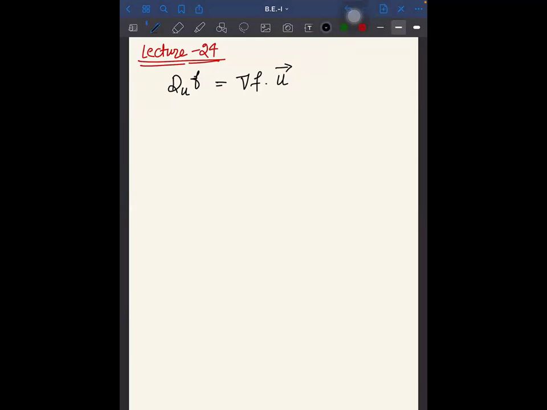Let's say we have Duf. This is the dot product of two vectors, right? So this can be written as mod del f times mod u times cos theta. This is the definition of the dot product, so we are writing the dot product in this form.